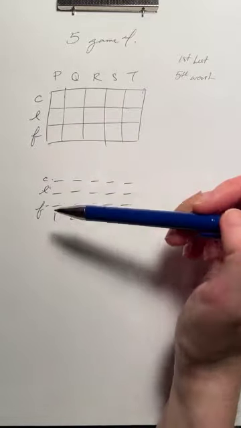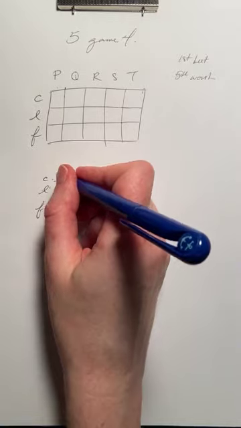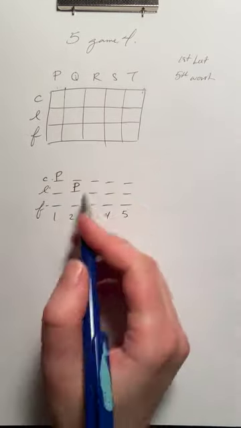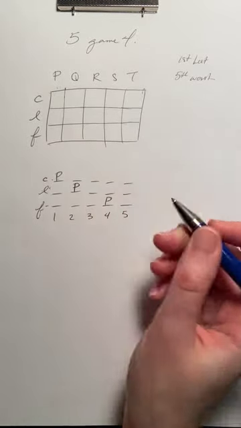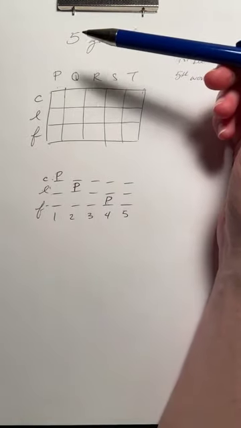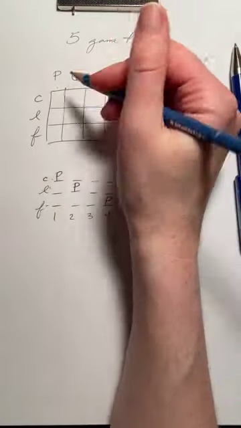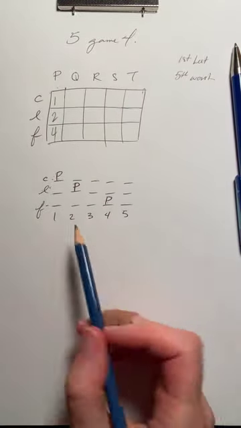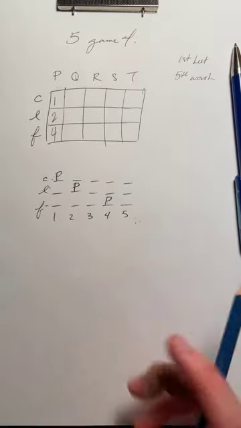So if P ranks first on cleanliness, we would put P here, and if it's second on location, it would be there, and if it's 4th on friendliness, then we would have P there. So we could do it like that. And how would that look in my grid? We would have 1, 2, 4. So if you prefer this way, you can go ahead and try it out like that.